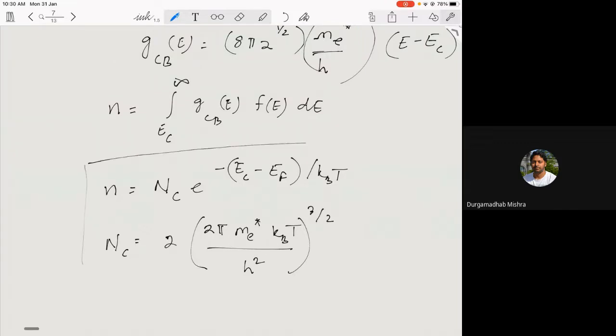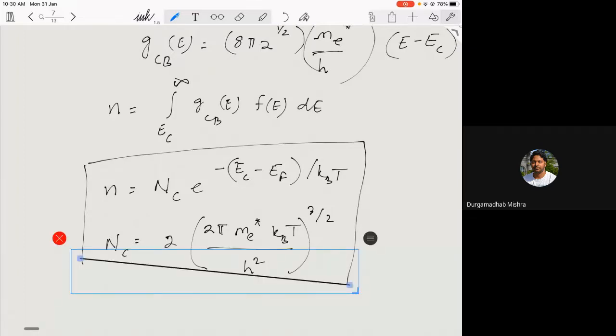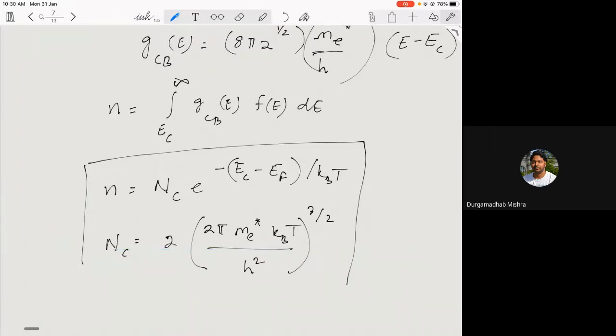So this is the concentration of electrons in the conduction band, this expression, where you see it is an exponential dependence on the difference between E_C minus E_F, and it also depends on N_C, which has a dependence on the effective mass and on temperature as well.